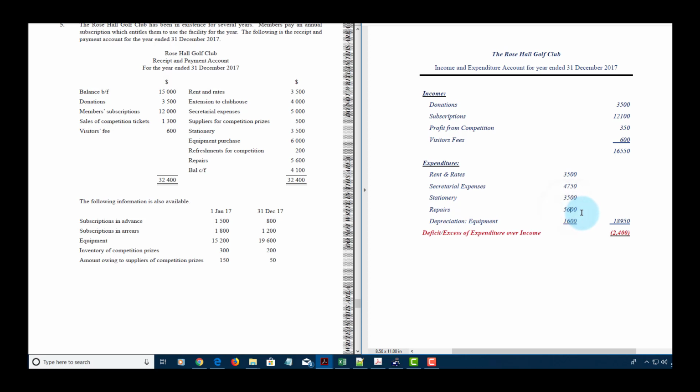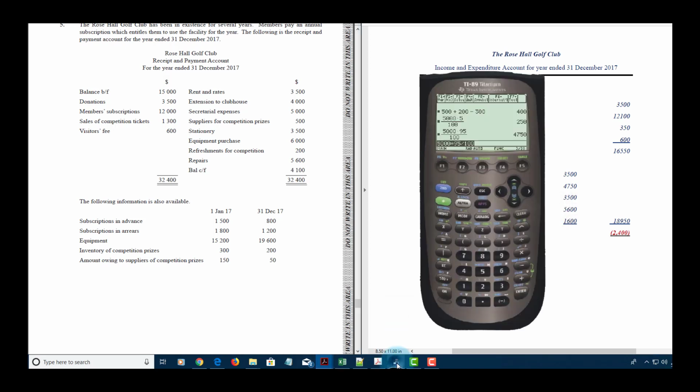Repairs 5,600, and depreciation on equipment 1,600. Again, this is how we calculate the depreciation. We look at the cost for the equipment of 15,200.